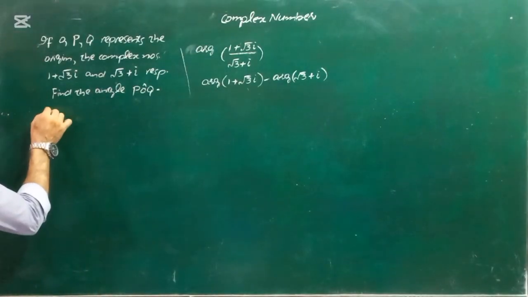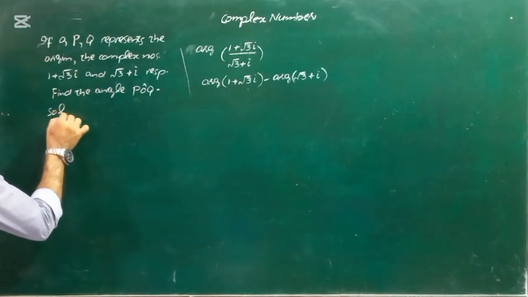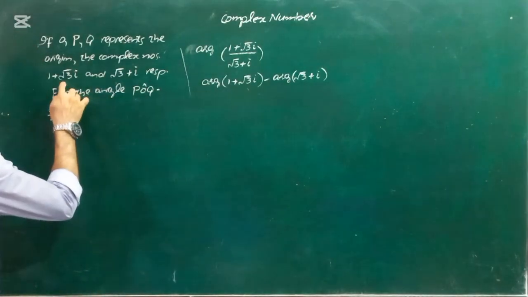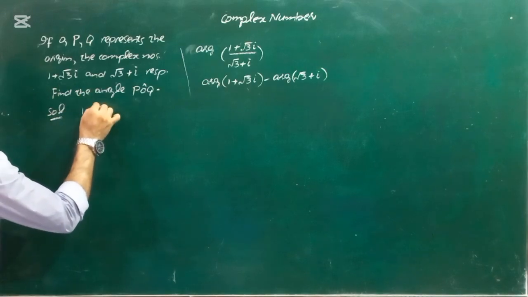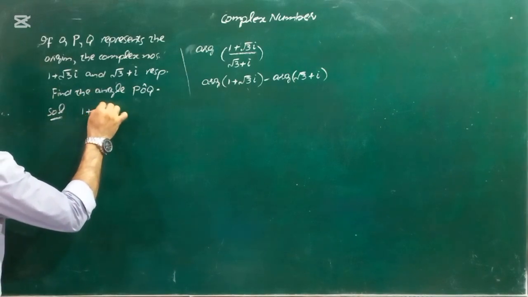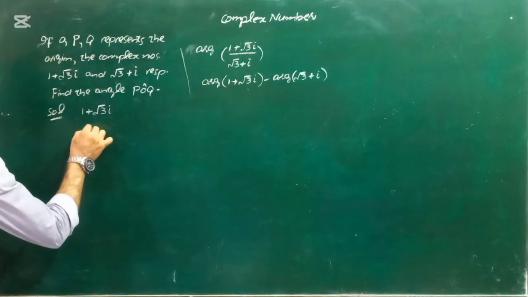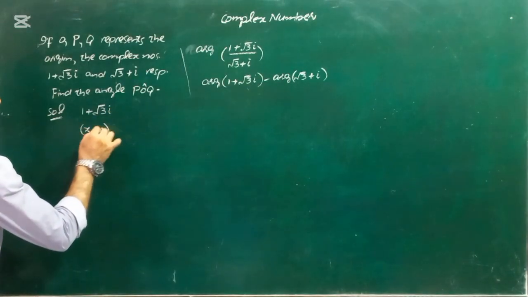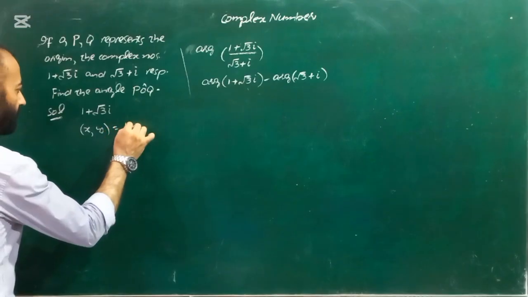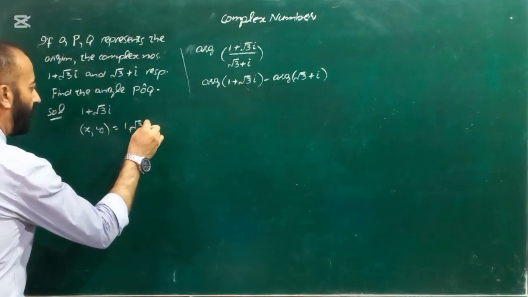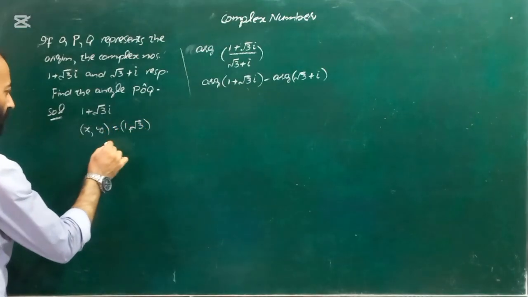So look now, solution. The first complex number is 1 plus square root 3 iota. So x, y is 1, square root 3. Both are positive.